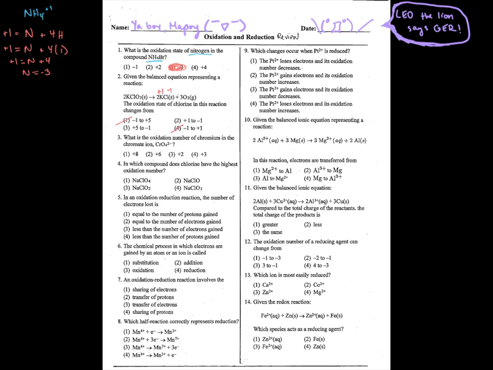Now we have to decide if it's +1 or +5, and that means we have to break down KClO3. K is always +1. That we know for sure. Oxygen is -2, but since we have 3 of them, there's -6, because each of them is going to be -2.